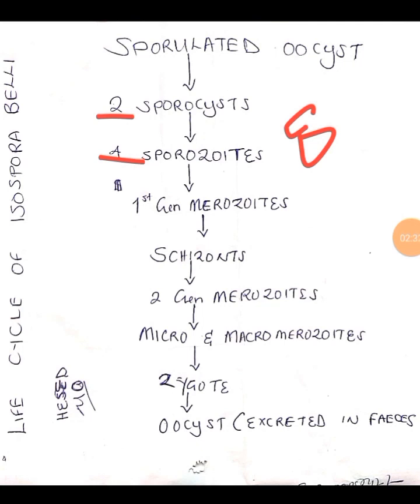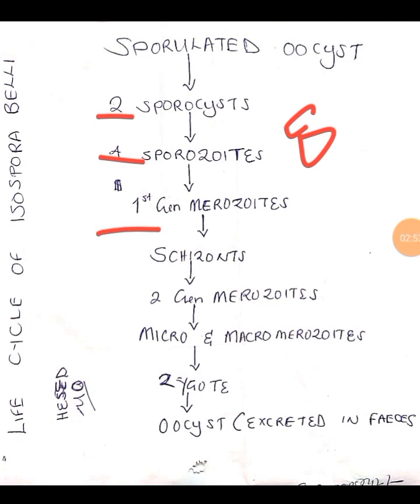After that, the trophozoites attach to the epithelium of the cells of the GIT and undergo multiple divisions to form merozoites. That kind of merozoite is what we call the first generation merozoites.